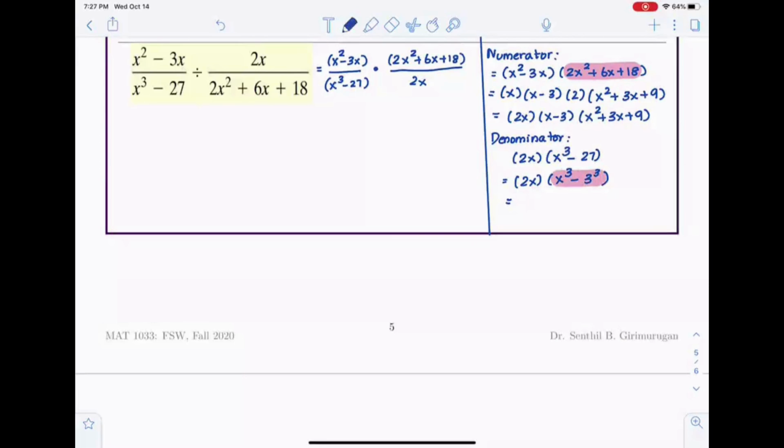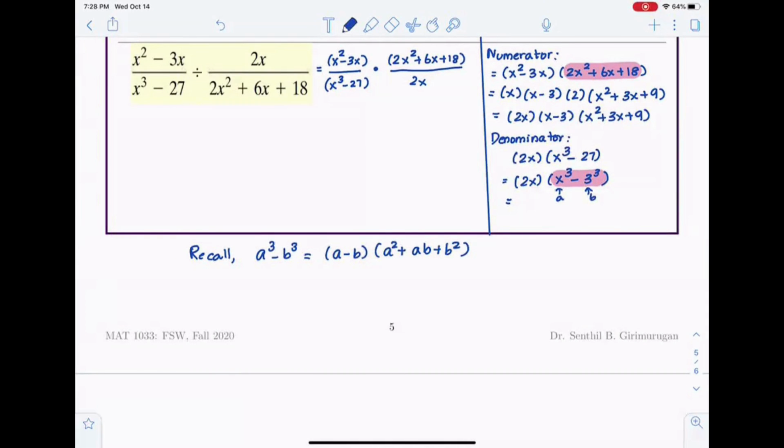I'll write it here. Recall a cubed minus b cubed is simply a minus b multiplied by a squared plus ab plus b squared. So in our case, a is x and b is 3.